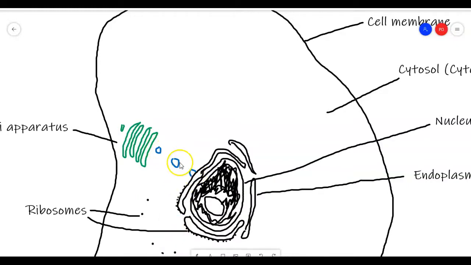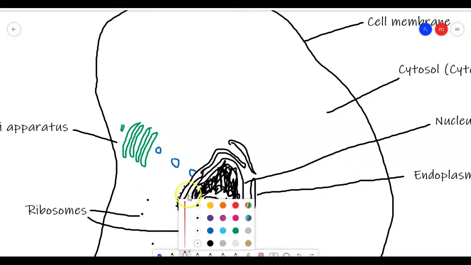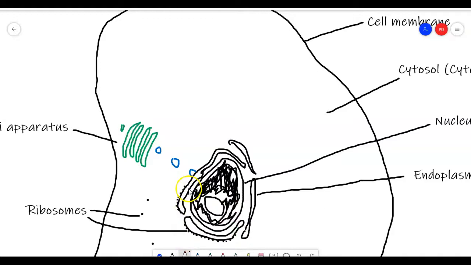These are what's called small vesicles. Inside them we can have protein. Let's make protein as a small thing here. And it ends up in here, and then it is transported into the Golgi.